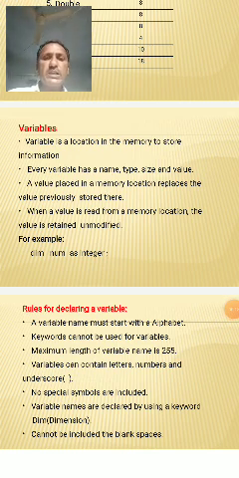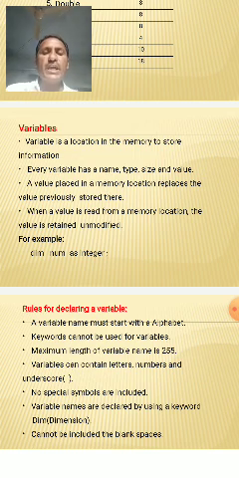A variable is a location in the memory to store information. Every variable has a name, type, size, and value.